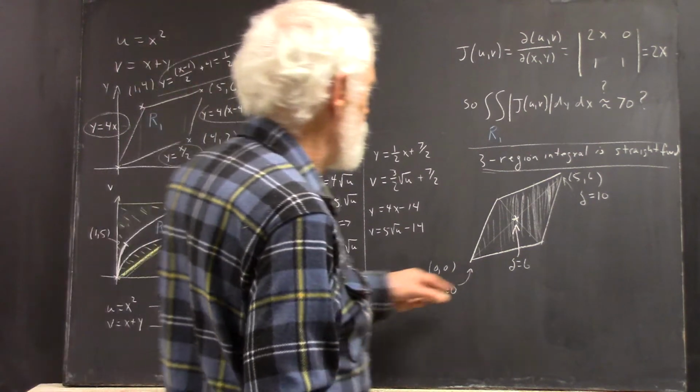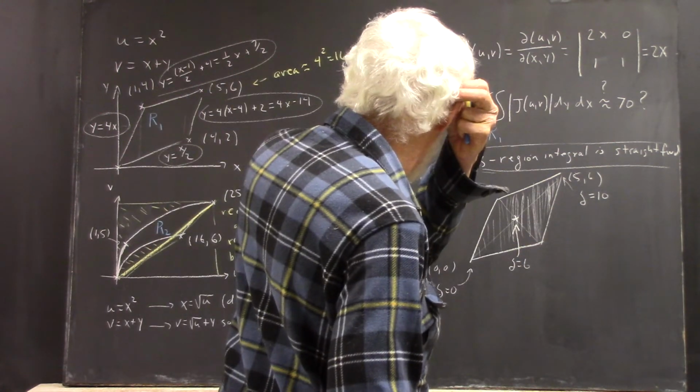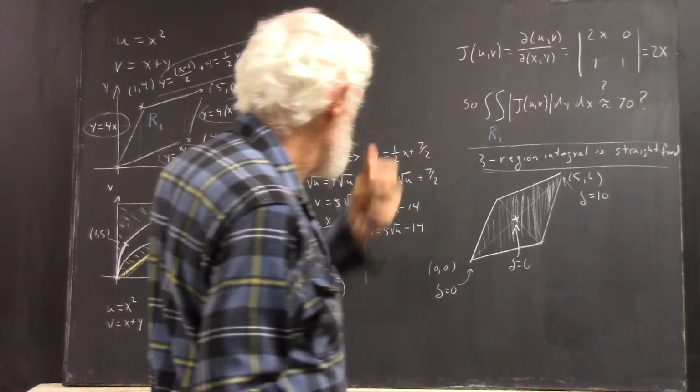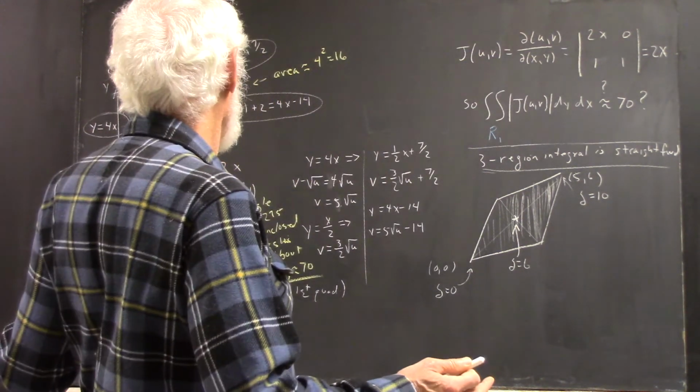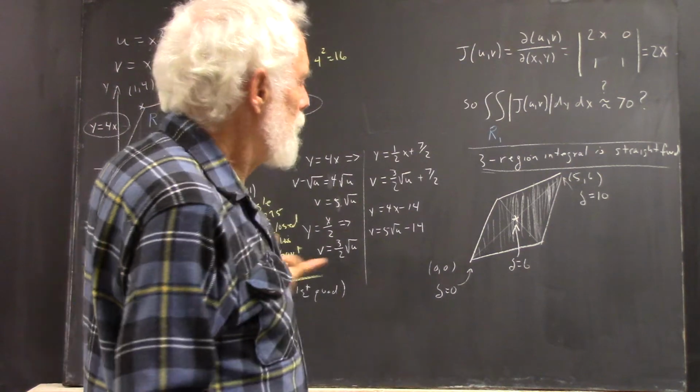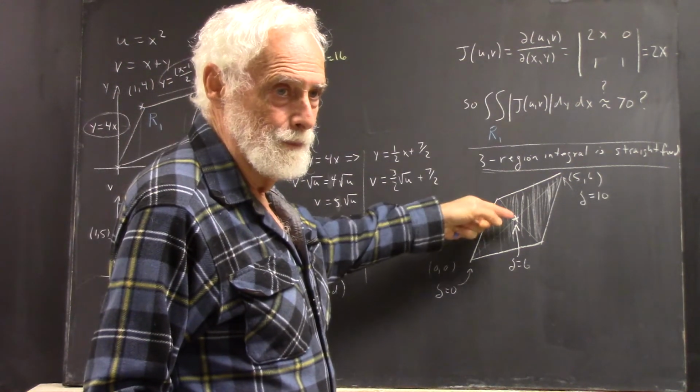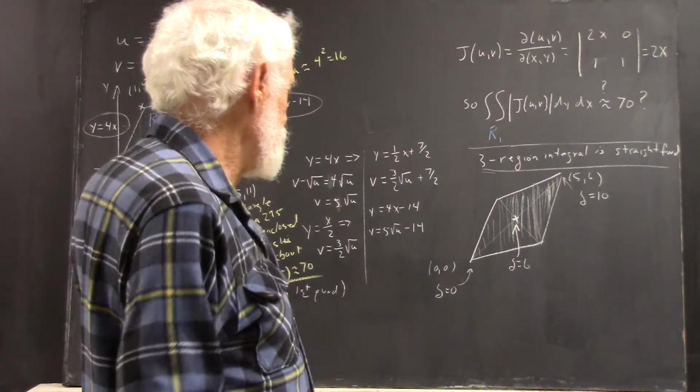Okay, density 0 here, 6 here, 10 here. We could just make the approximation that the average density is 6. Okay, now there might be some subtleties to that.